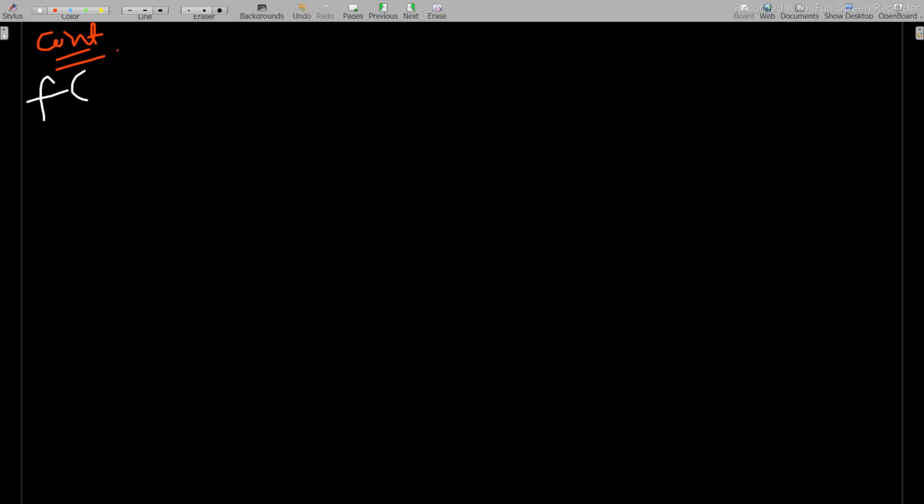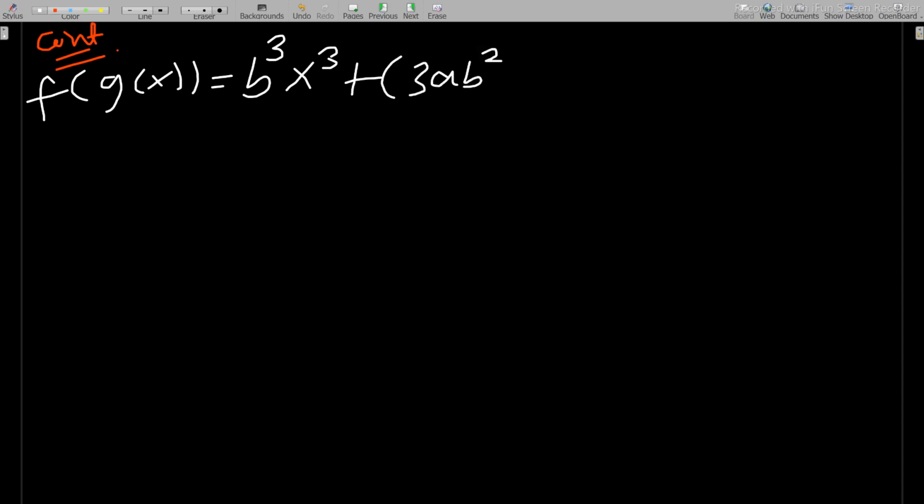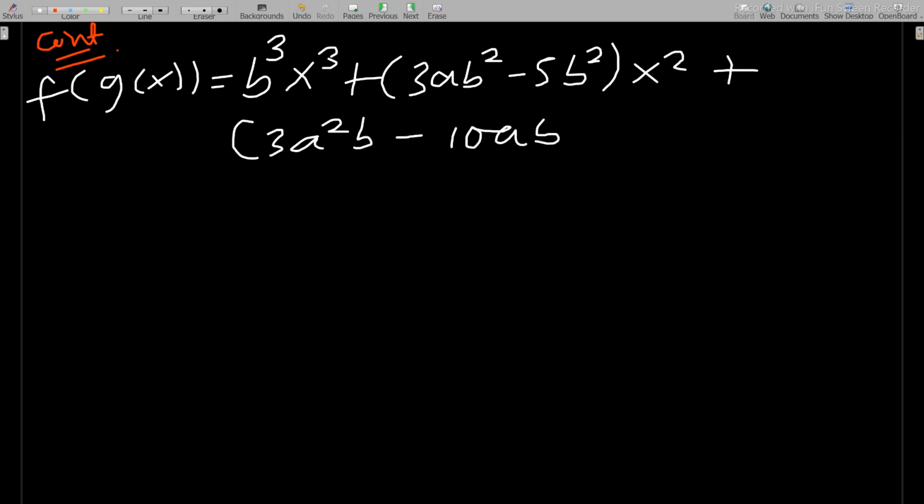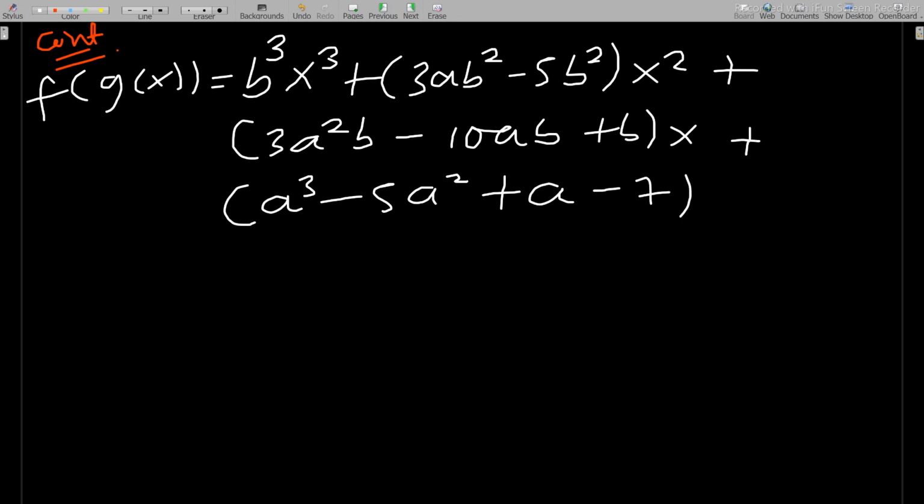From our simplification, I have f of g of x equal to, let me write it again, b cubed x cubed plus 3ab squared minus 5b squared, x squared, then plus the linear part, that is 3a squared b minus 10ab plus b, then x, then plus a cubed minus 5a squared plus a minus 7.